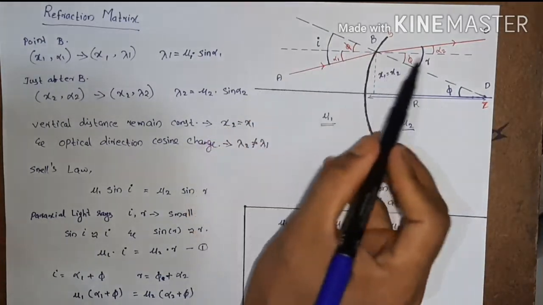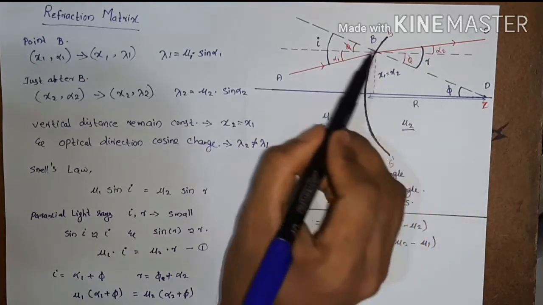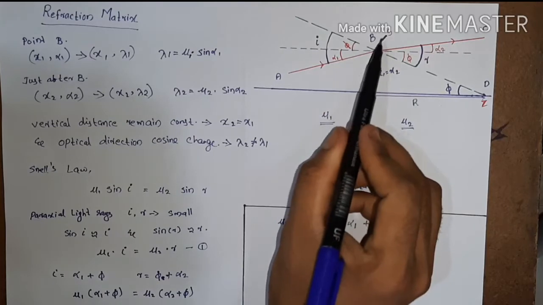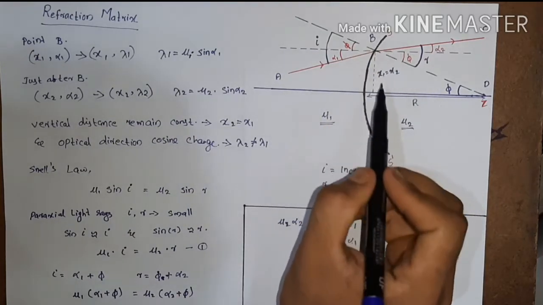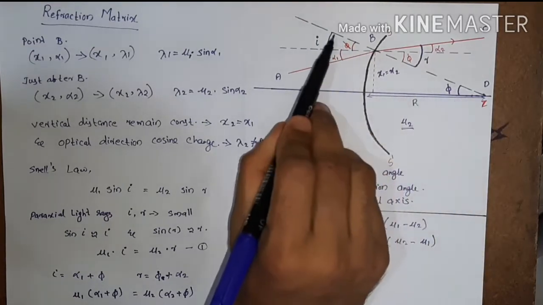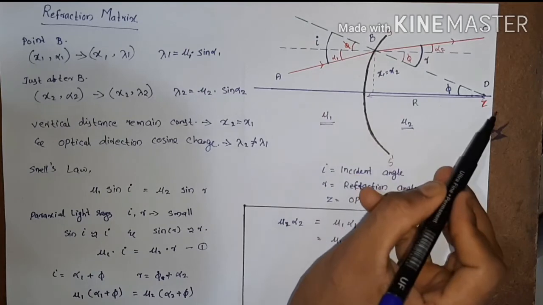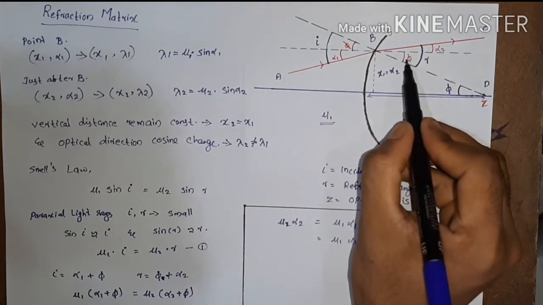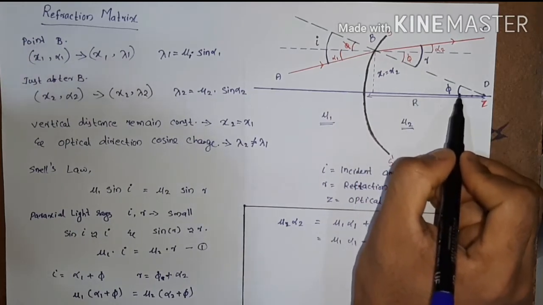These two parallel lines are intersected by a line that is nothing but the radius of curvature of this spherical surface. So if this angle is phi, this angle will also be equal to phi.